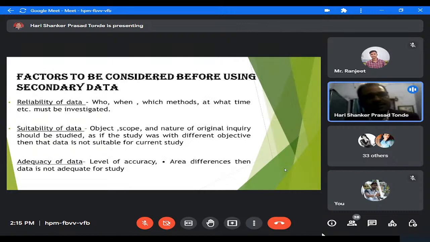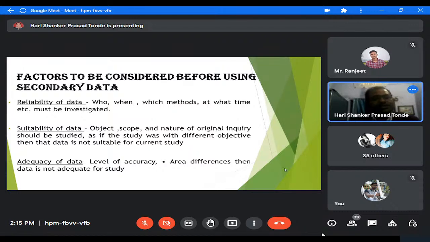What are the factors to be considered before using secondary data? What are the key factors? The first one is the reliability of the data. Who collected it, when, by which methods, and at what time must be investigated first. Why? Because when the data is reliable for answering your research problem, then it will be useful to you.